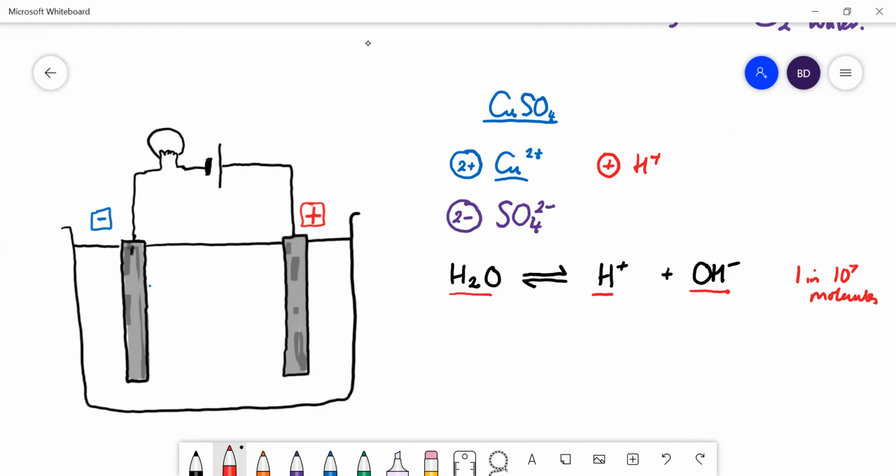So the other negative ion we've got there, in addition to the sulfate ions, is some OH- ion there. Now, we've seen what happens at the negative electrode.